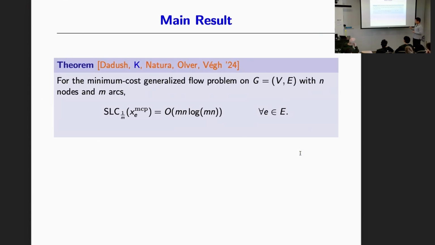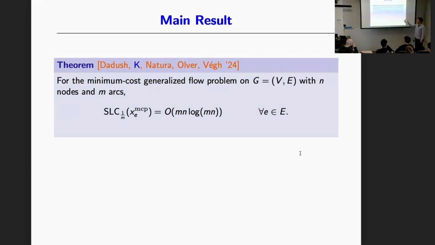Okay, so our main technical contribution is that we show that for the minimum cost generalized flow problem, the straight line complexity of every coordinate is strongly polynomially bounded. So if you have a graph with n nodes and m arcs, then the straight line complexity in the 1 over m neighborhood of the max central path on any edge is order mn log mn.